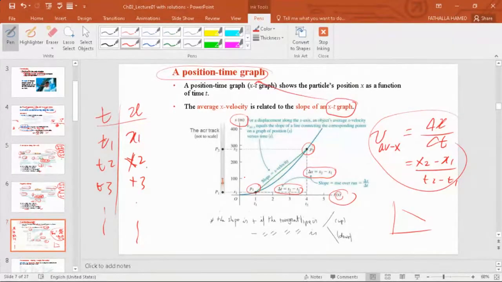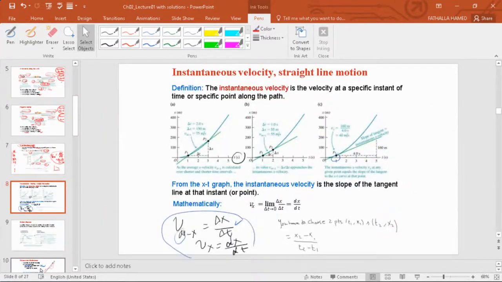So when you actually plot a position time graph, the definition of the average velocity will come as being the slope of the line between these two positions. Now, for example, if I choose different positions, okay, so I make the positions closer to one another.